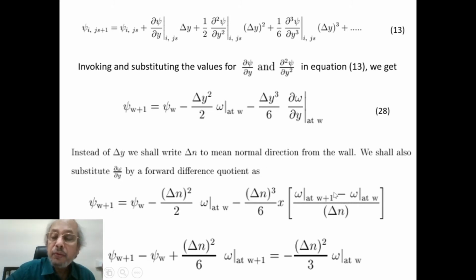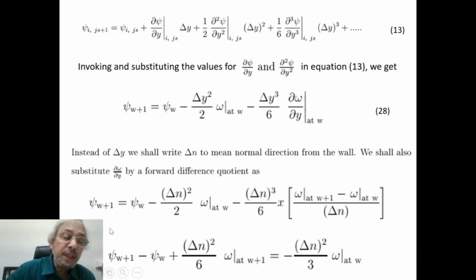and del omega del y is discretized by a forward difference quotient, omega at w plus 1 minus omega at w. That means, if you consider ij, omega at ij plus 1 minus omega at ij, divided by delta n.